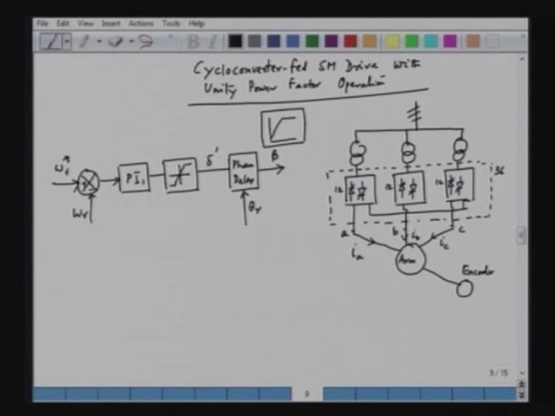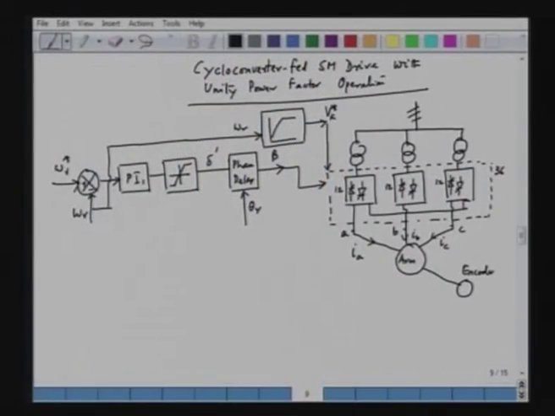So, this is our V A star, and the V A star is obtained by means of a function generator from the speed signal. So, we can feed here the speed signal and we can generate V A prime, and this V A prime and beta will serve as a reference of the cyclo converter.